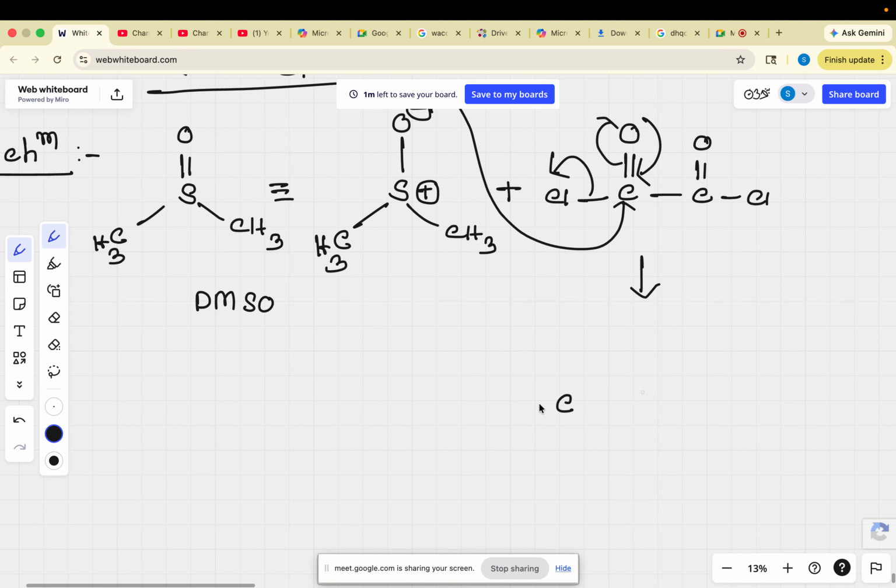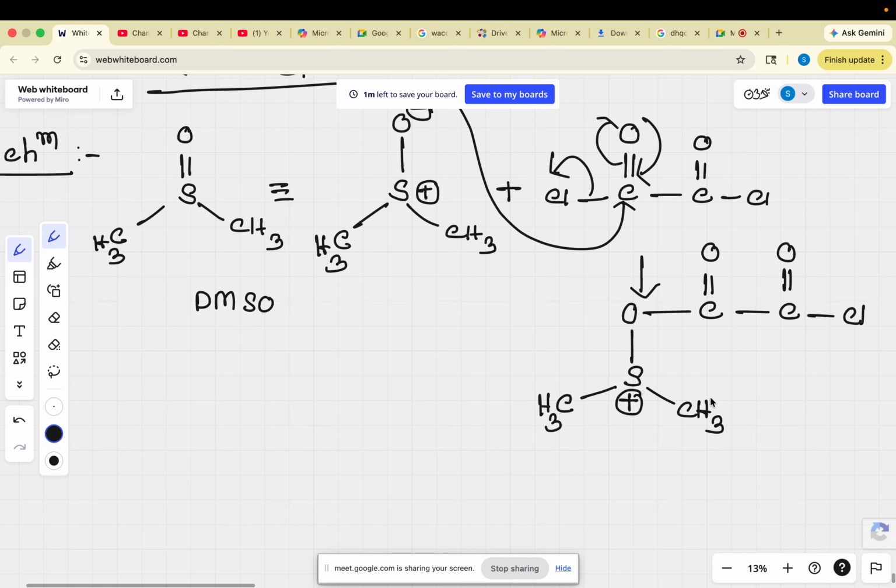So what I am getting? CH3, sulfur, CH3. Now here you have oxygen, then C double bond O Cl. But this positive charge on sulfur is left, right?